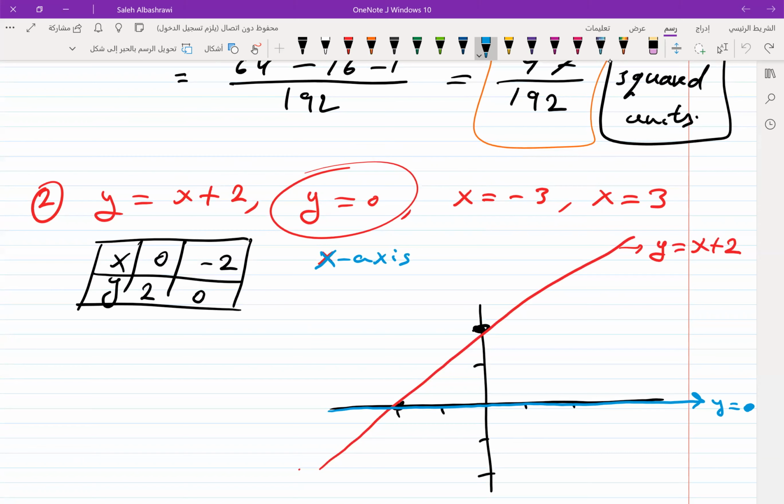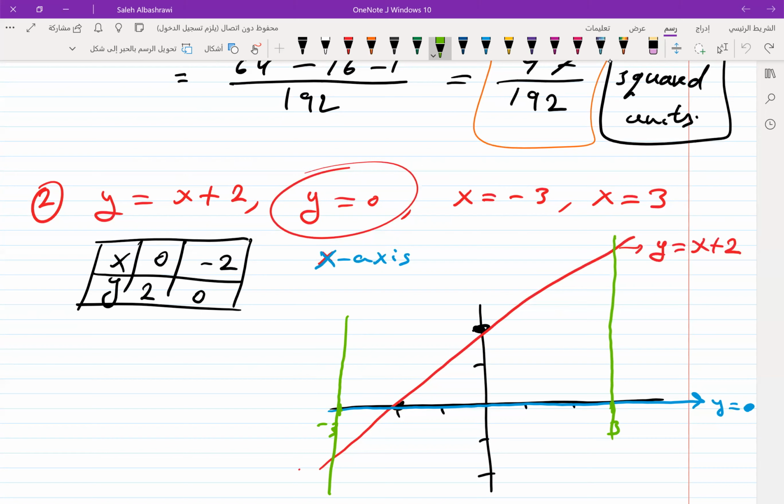And we have x equal to minus 3. This is minus 3, and the line will be this one, a vertical line. And x equal to 3. This is the 3, and we have a vertical line.